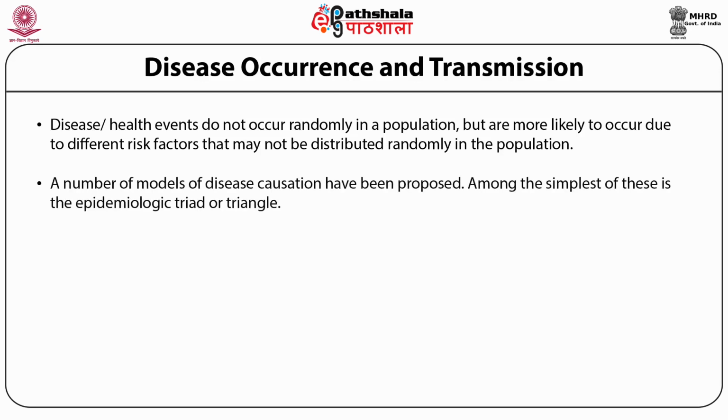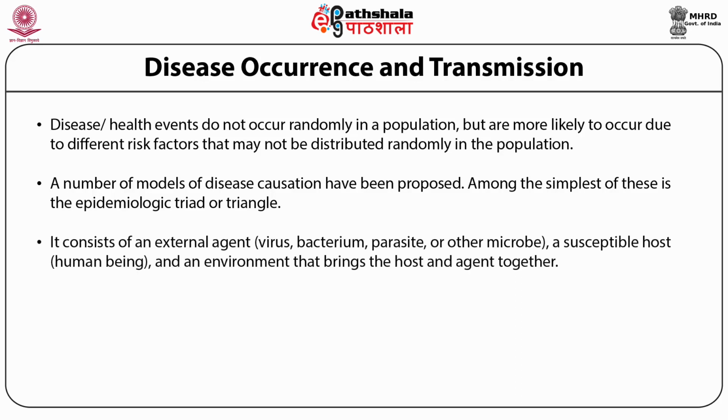A number of models of disease causation have been proposed. Among the simplest of these is the epidemiologic triad or triangle. It consists of an external agent such as a virus, bacterium, parasite or other microbe, a susceptible host that is a human being, and an environment that brings the host and agent together.